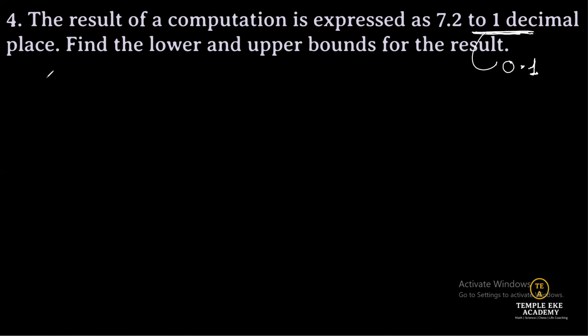So the possible error is going to be half the degree of accuracy, which is 0.1 divided by 2. And that settles it, 0.05. That becomes our possible error. With this possible error, we can now find our bounds.